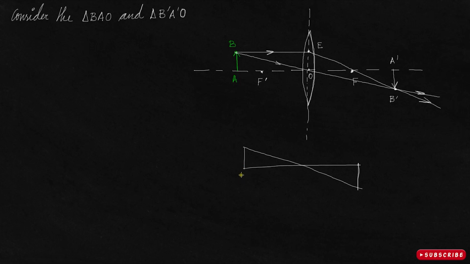This is A, B, O, and this is A dash, B dash. So these are the two triangles we considered.